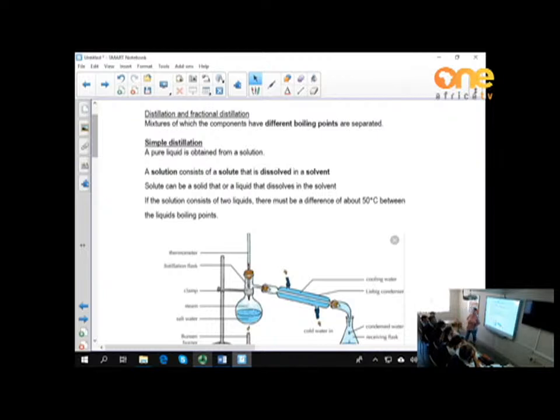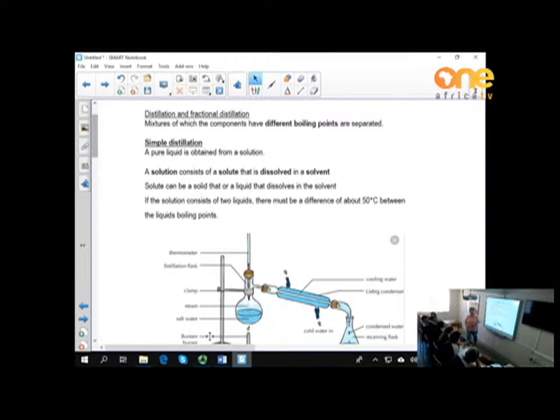For example, yesterday we looked at crystallization, where we had a mixture of salt, say for argument's sake, dissolved in water. Then you can evaporate off the water and you are left with table salt. But let's say you're not interested in the table salt as such, you want the water.